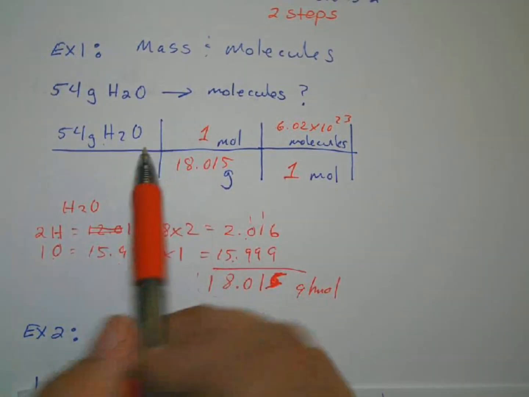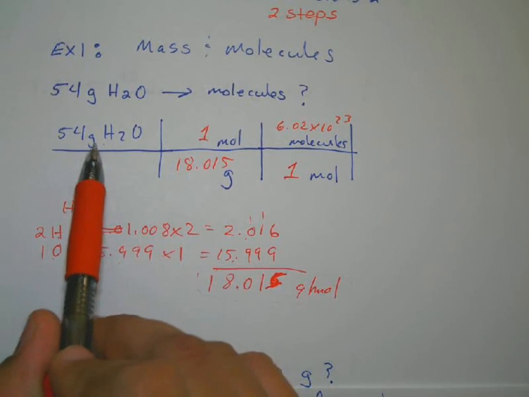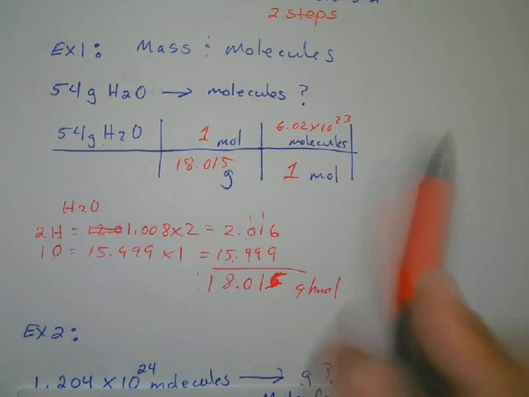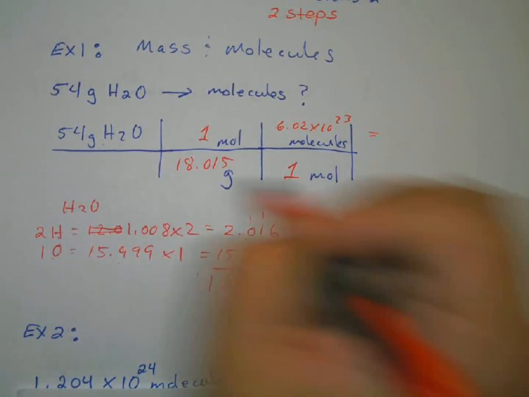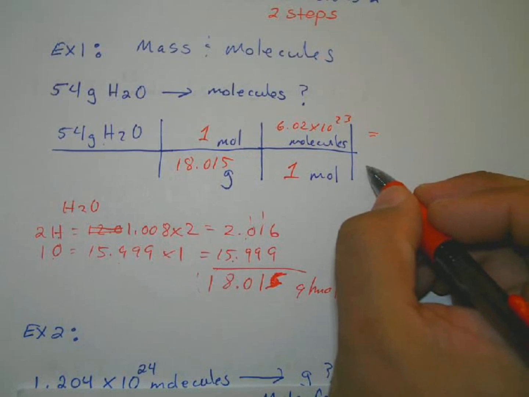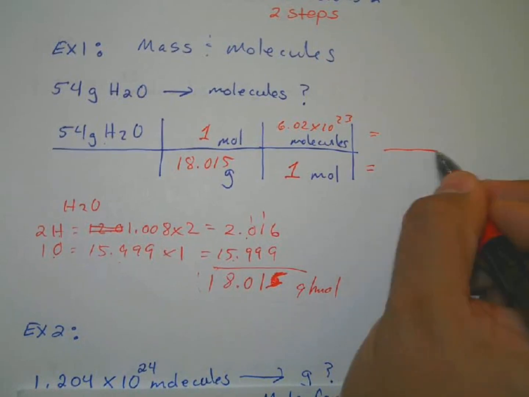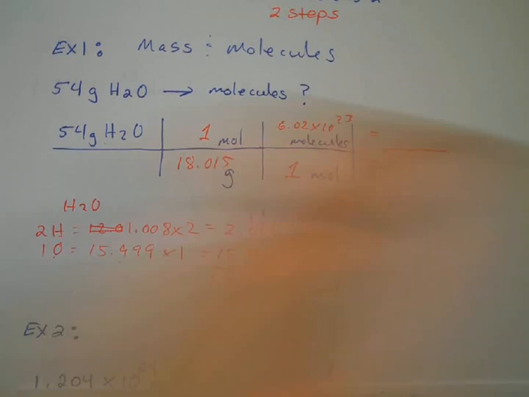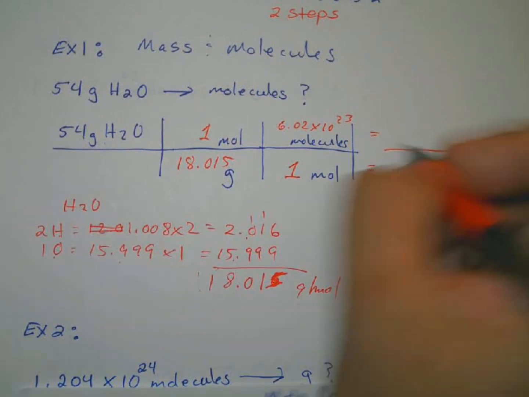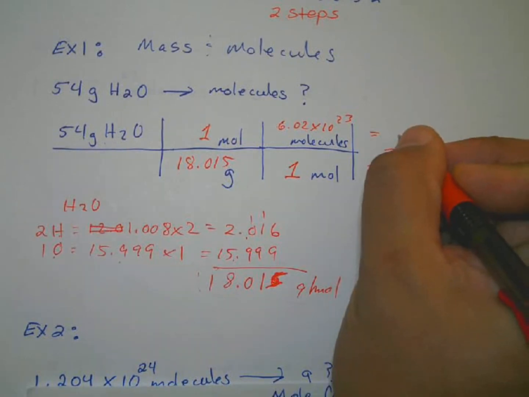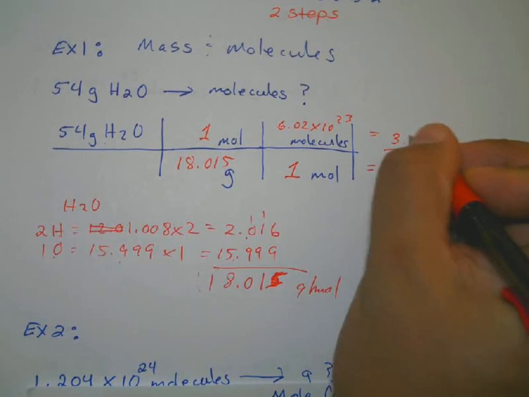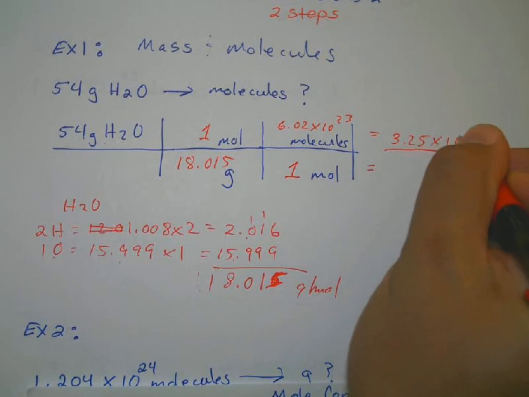Now it's time to do the math. We multiply the top together and get a number, multiply the bottom together and get a number, and we always divide last. So let me get my calculator. When I calculate the top, 54 times 1 times 6.02 times 10 to the 23rd, I get 3.25 times 10 to the 25th.